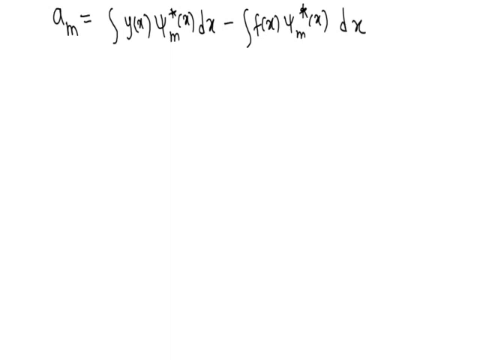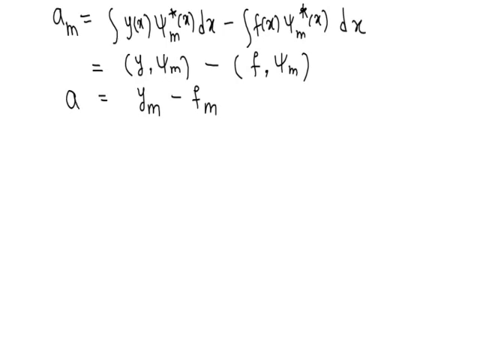If you observe carefully, this is nothing but the inner product of y with xi_m, and minus the inner product of f with xi_m. This becomes the Fourier coefficient of the function y(x), so let us call it ym, and this becomes the Fourier coefficient of the function f(x), so we'll call it fm. So Am is of the form ym minus fm.